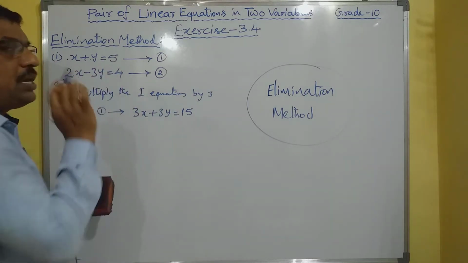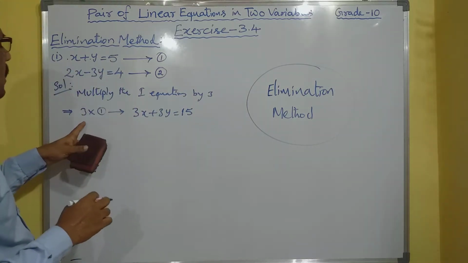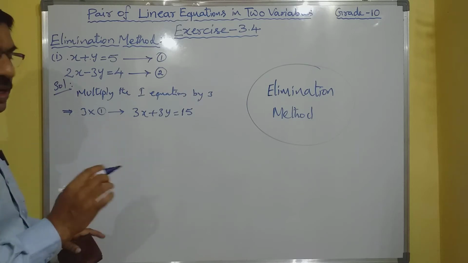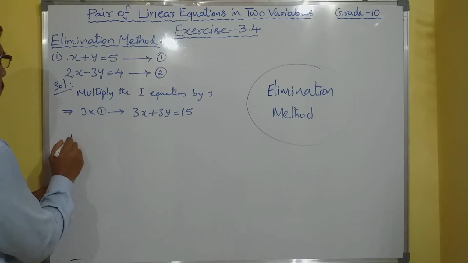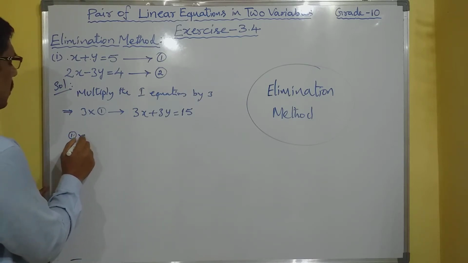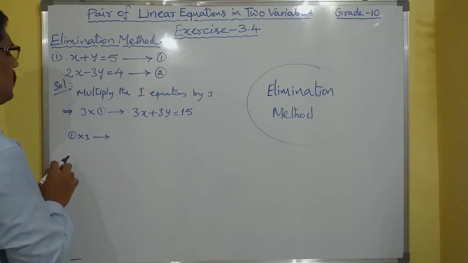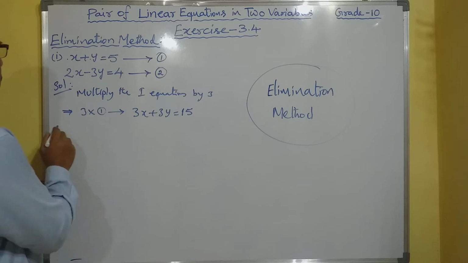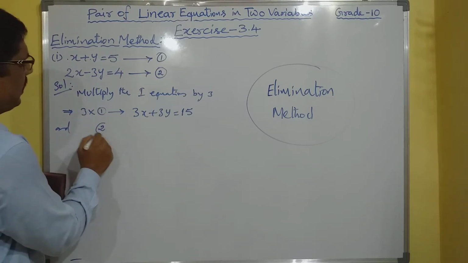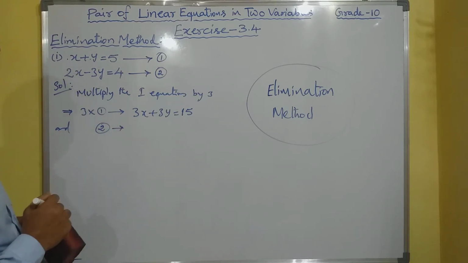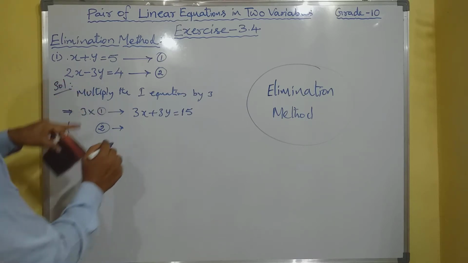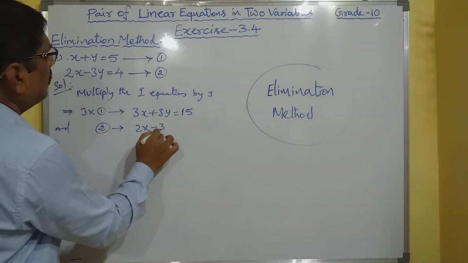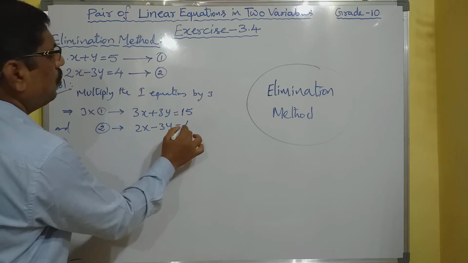Now this is the equation we got when we multiply the first equation by 3. And also take the second equation. Now what is the second equation? 2x minus 3y is equal to 4.